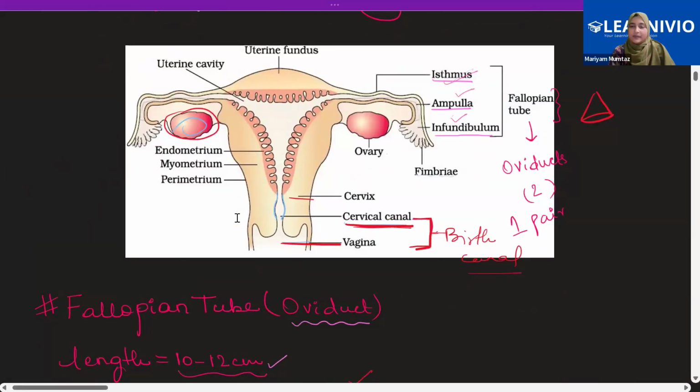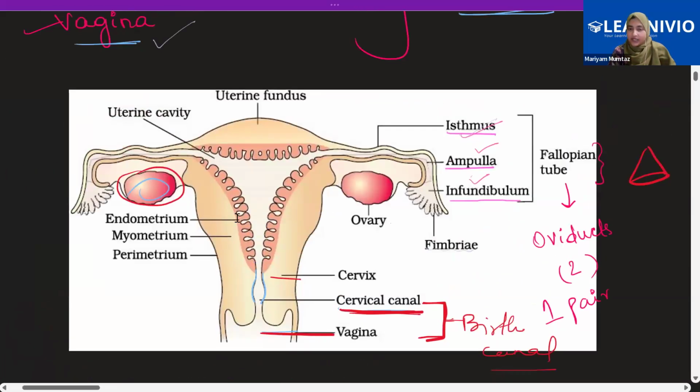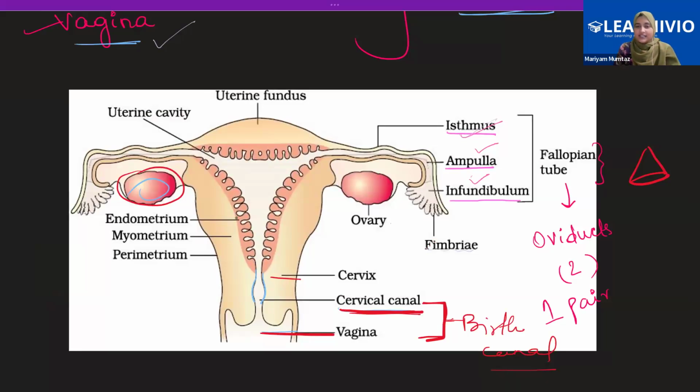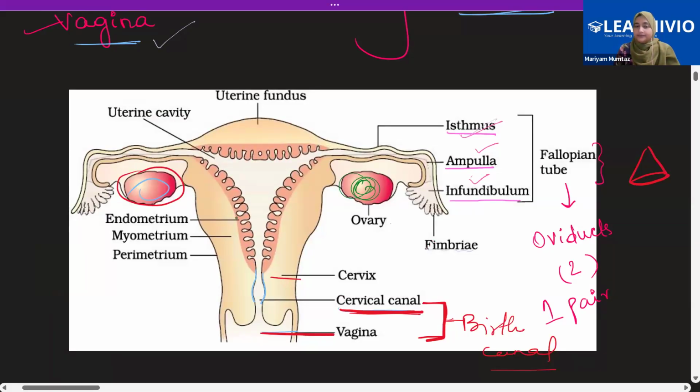Now you see, this is the picture of the female reproductive system, wherein this part is the ovary, the primary sex organ. Connected to this part, there is the fallopian tube, which is further divided into three parts. What are the three parts? Infundibulum, ampulla, and isthmus.